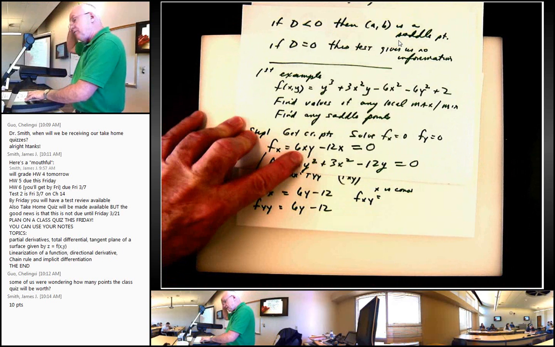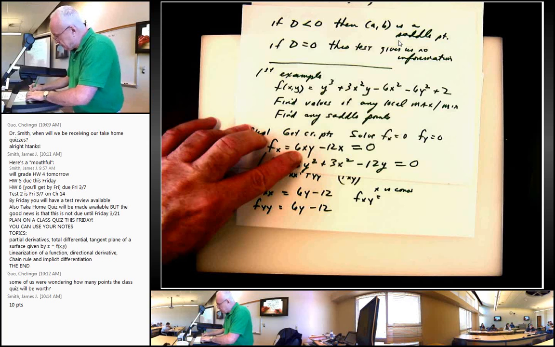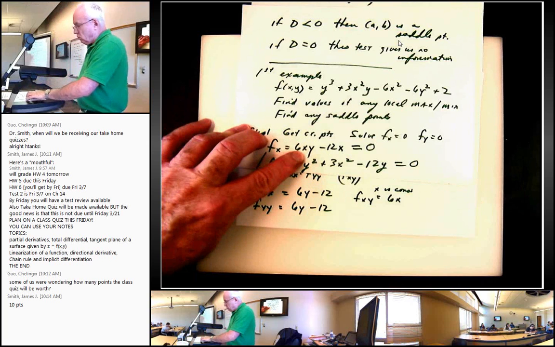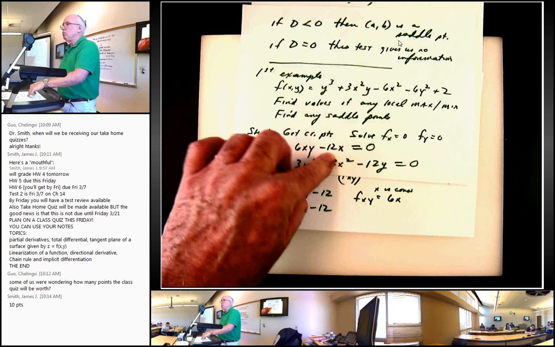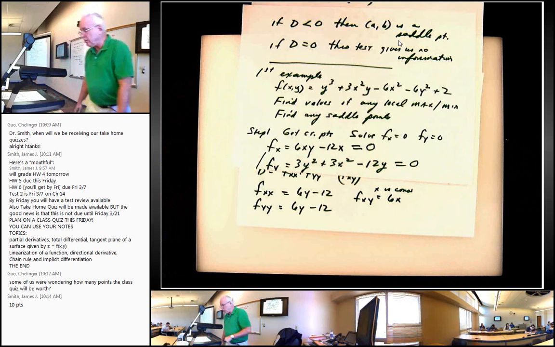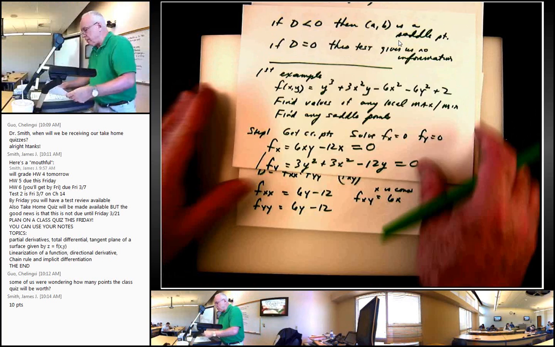So I think my first term is going to become what? Right, 6x. The y is going to go to a 1. And then my second term will go to 0. Okay, so that's my fxy. All right, so I found those 3 things.